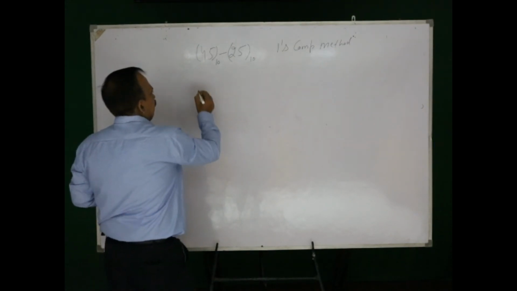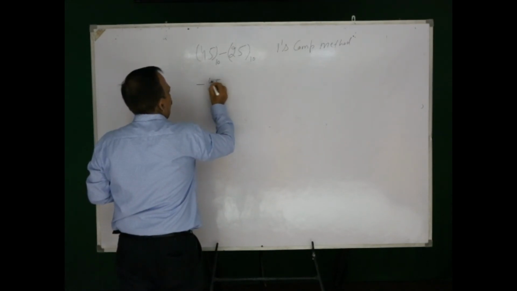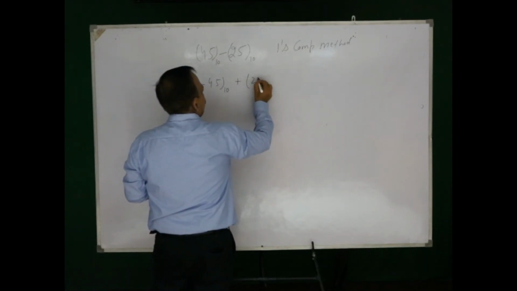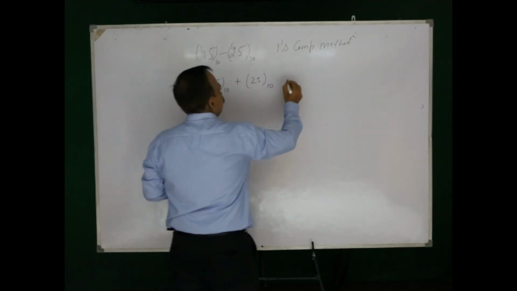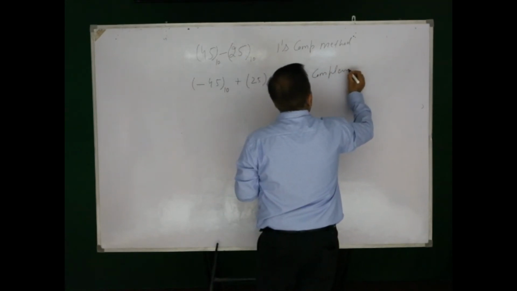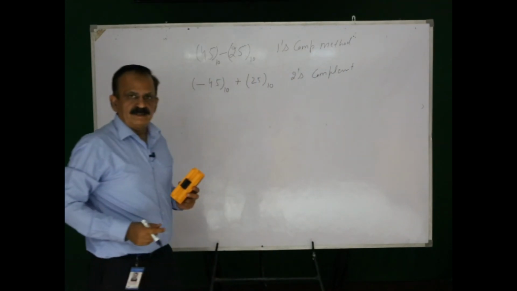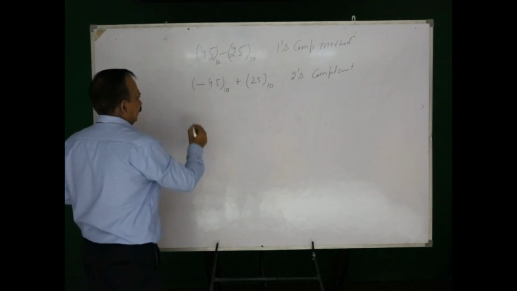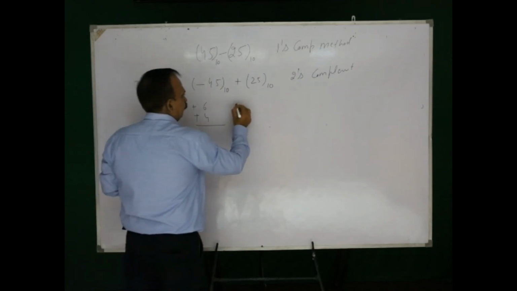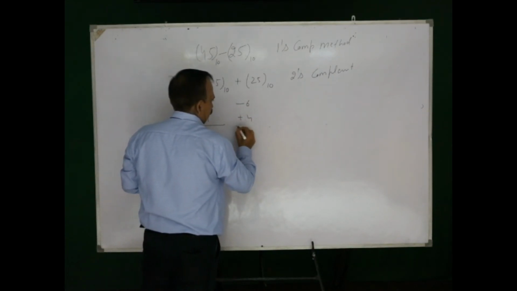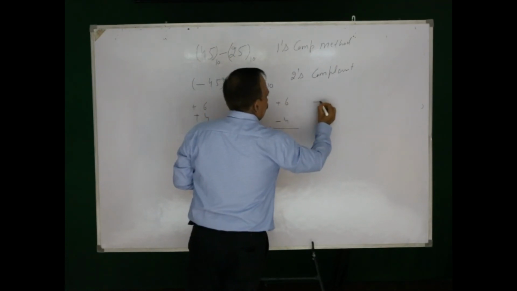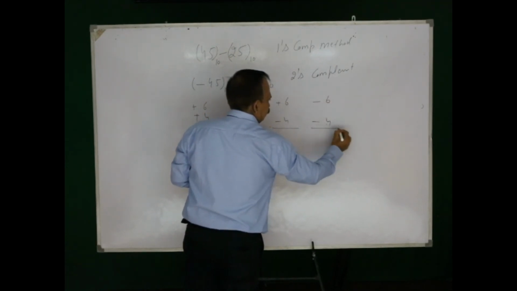Next you will solve minus 45 plus 25, this is by using 2's complement method. You can even try questions like 6 plus 4, minus 6 plus 4, 6 minus 4 or even minus 6 minus 4.